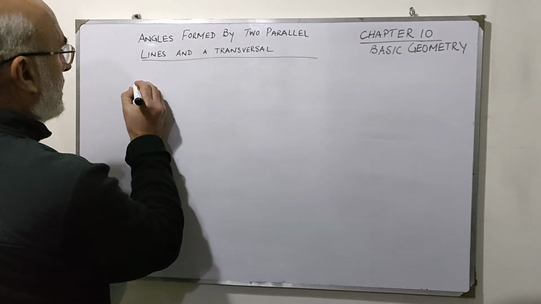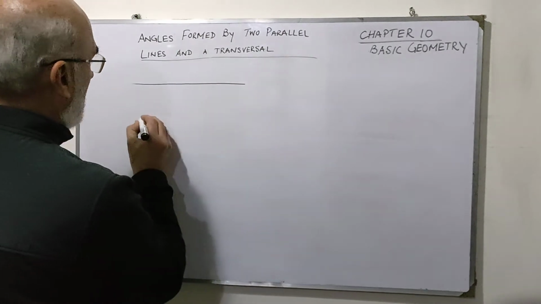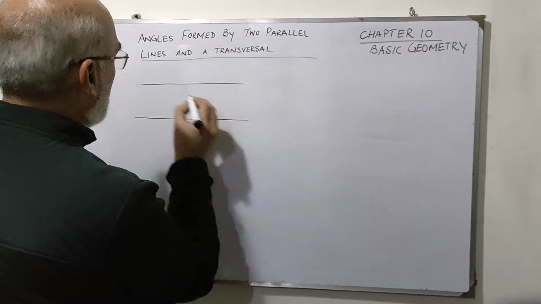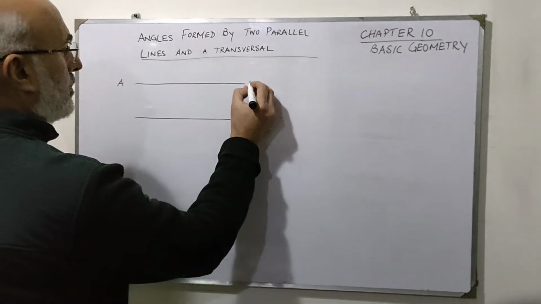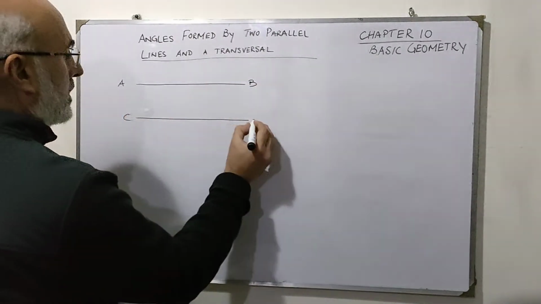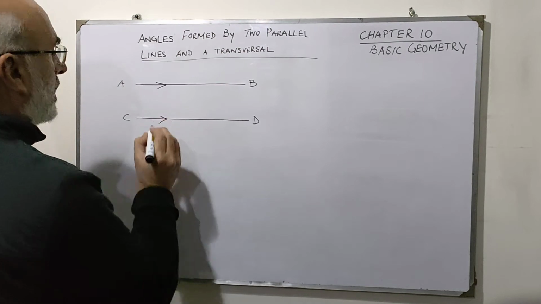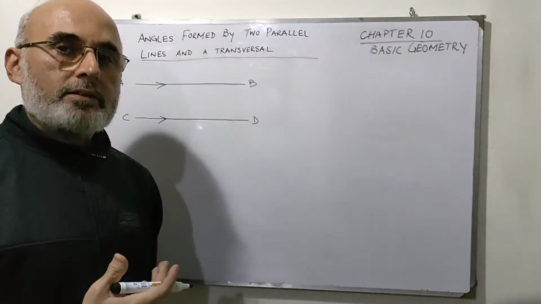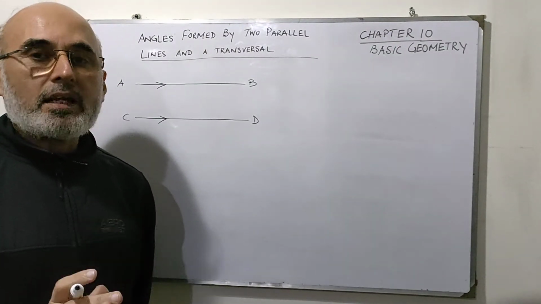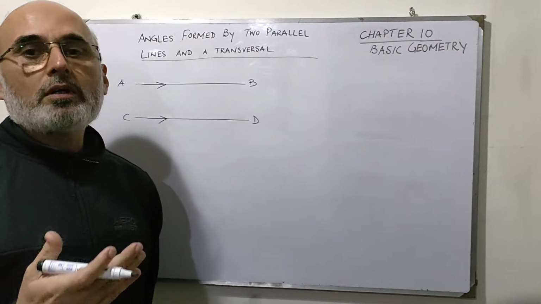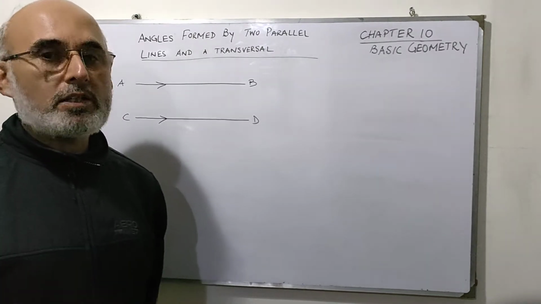If we have two parallel lines like this, A, B, C, D, and when I say parallel lines, these lines are never going to meet each other. They are not going to cut each other.